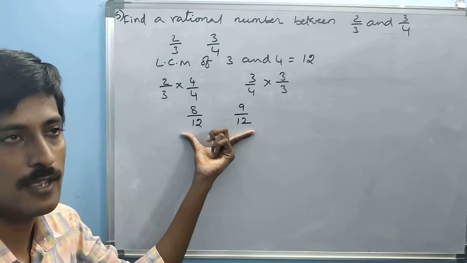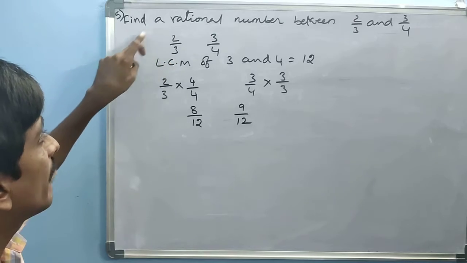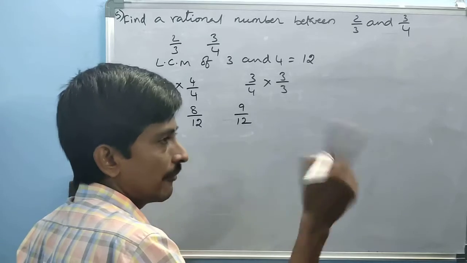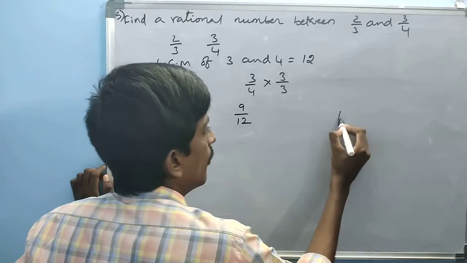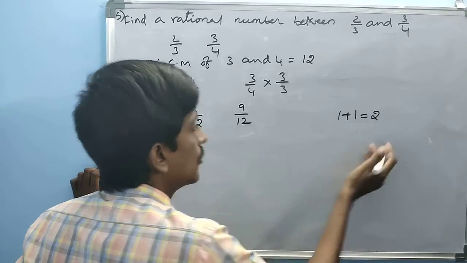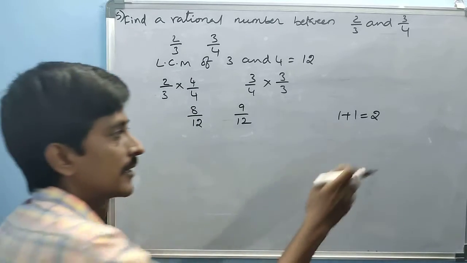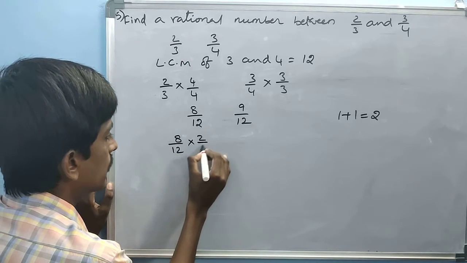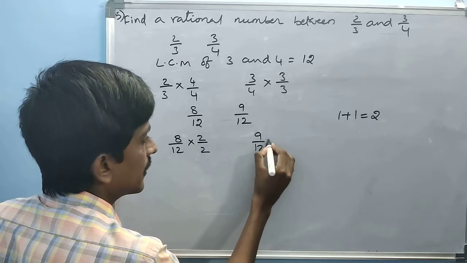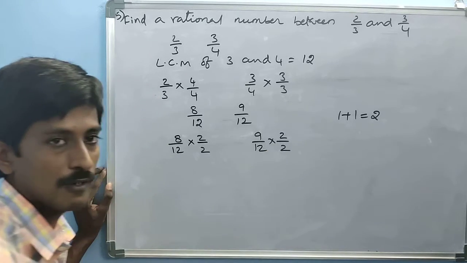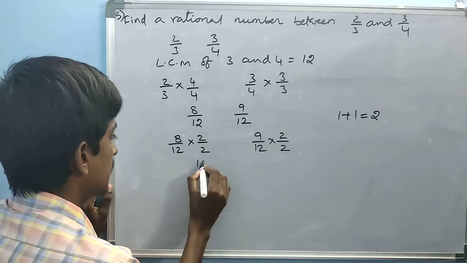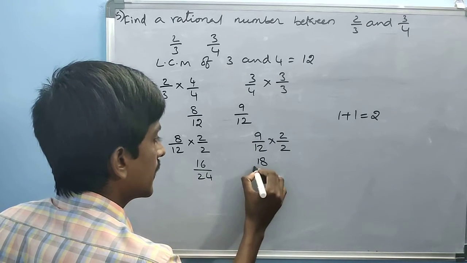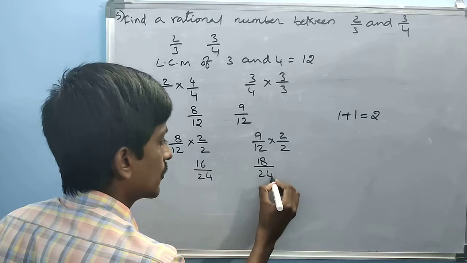Is it clear? Okay. Now how many rational numbers? Find a rational number, only one number. Already I said if you are asked for one number, 1 plus 1 equals 2. Multiply both numerator and denominator with 2: 8 by 12 into 2 by 2, 9 by 12 into 2 by 2. 8 twos are 16, 12 twos are 24. 9 twos are 18, 12 twos are 24.